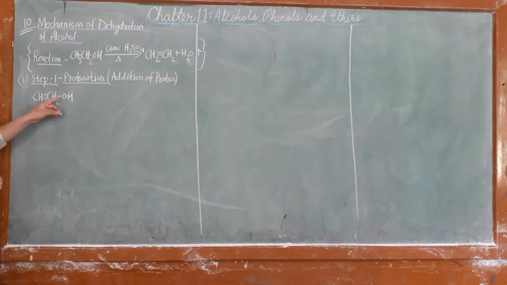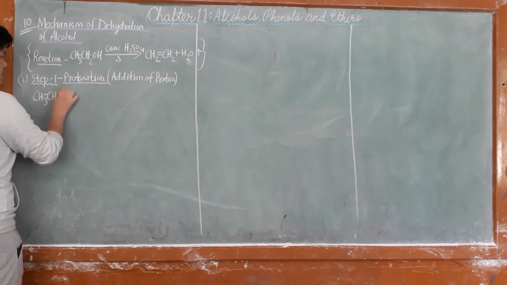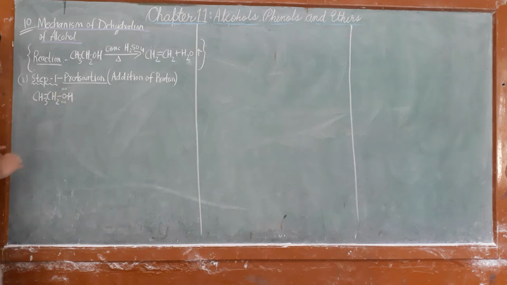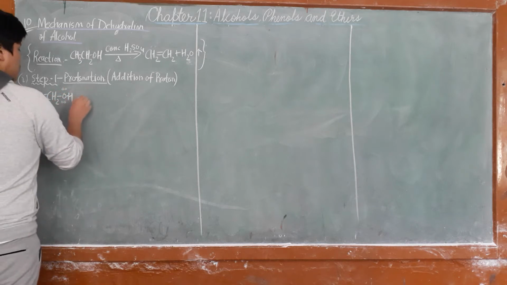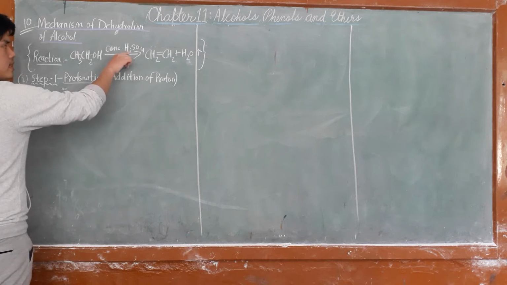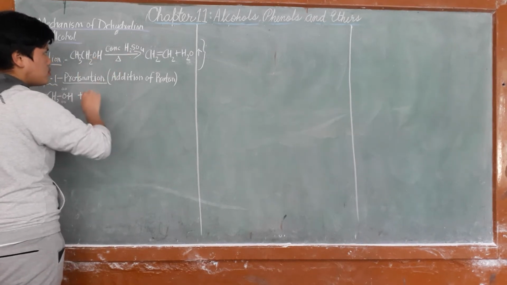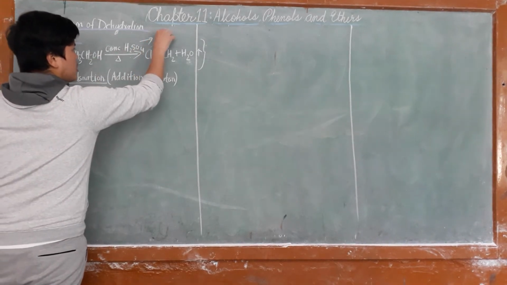Now the alcohol oxygen will have 2 lone pairs, right? It has bonds on this side and on that side, so it has 2 lone pairs. And H2SO4 is an acid, so it adds a proton.